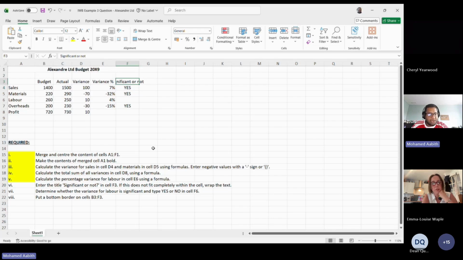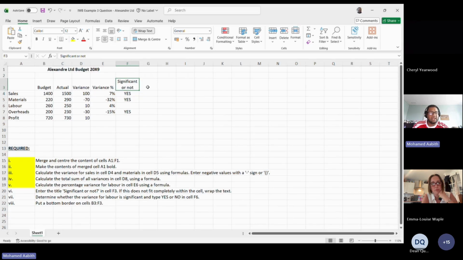But what I need to do, I need to see all of that data. So I'm clicking on wrap text. What it does, can you see here? It makes this cell visible with all of the data there. So it wraps the text to fit so everything can be visible now. So we have done that as well.